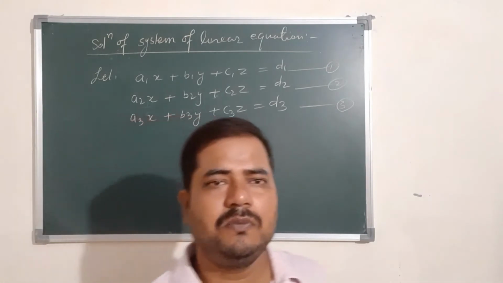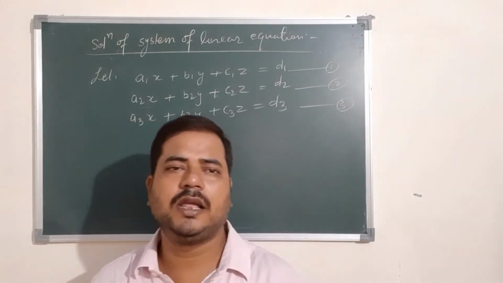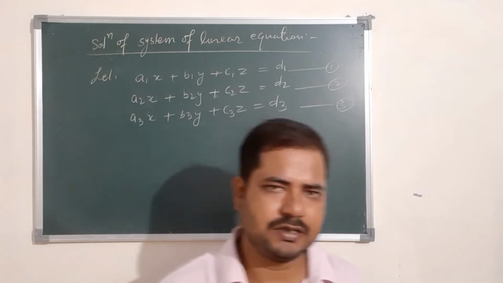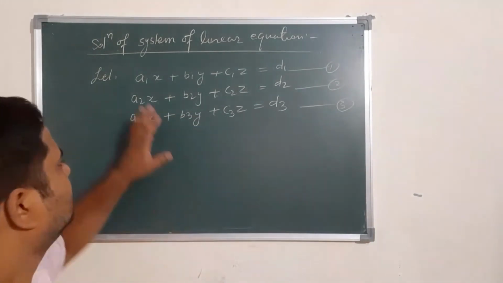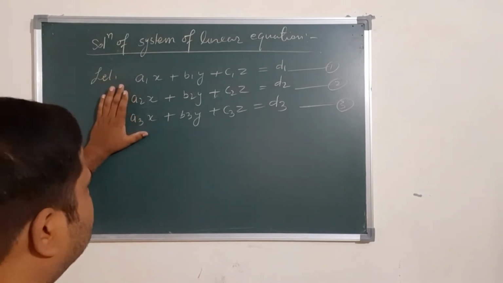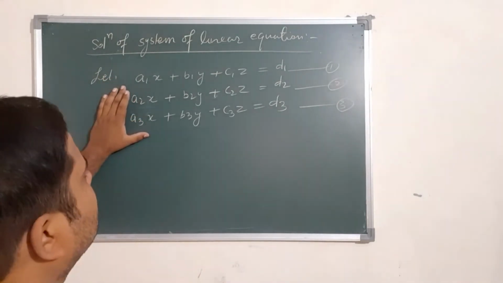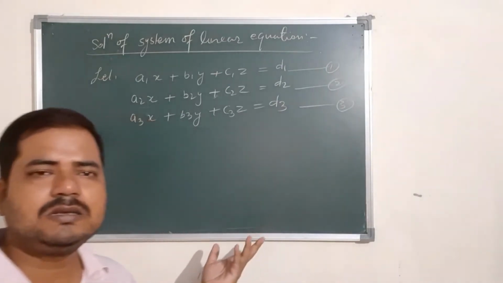So first of all, we see whether the equations are consistent or inconsistent. If we get the solution, that means the values of x, y, z, then it is consistent, otherwise inconsistent.